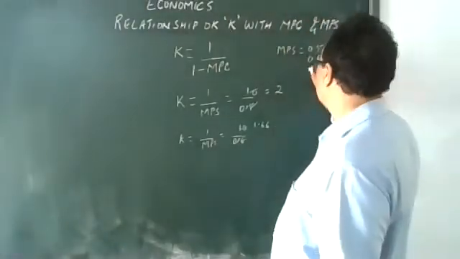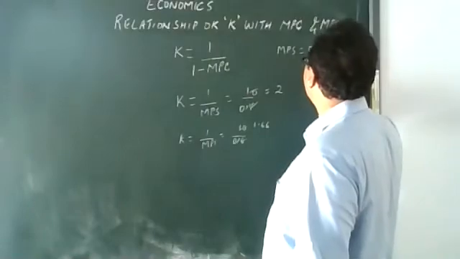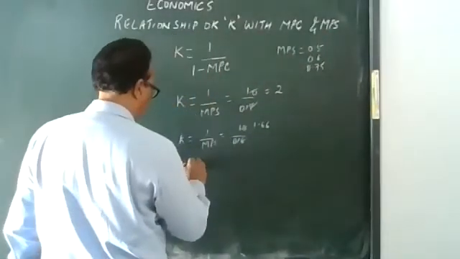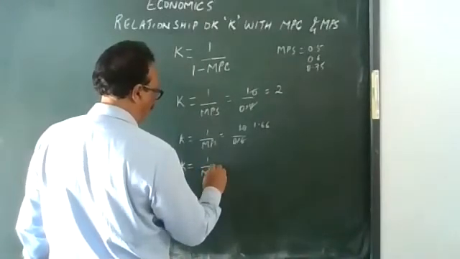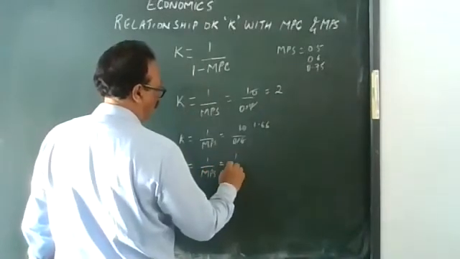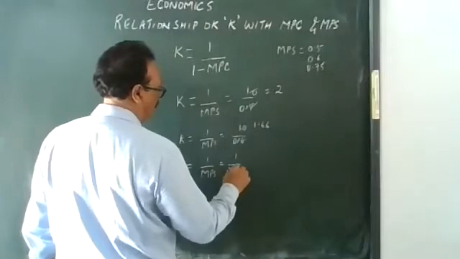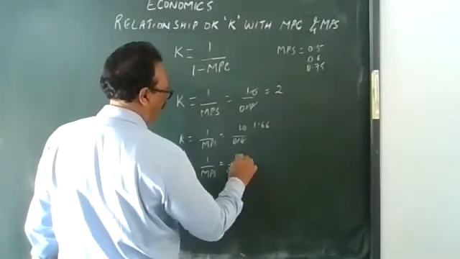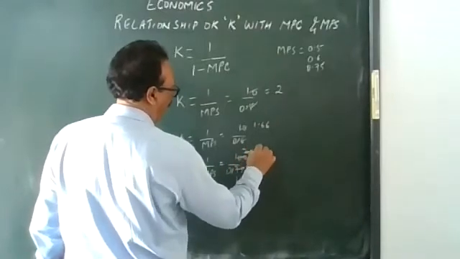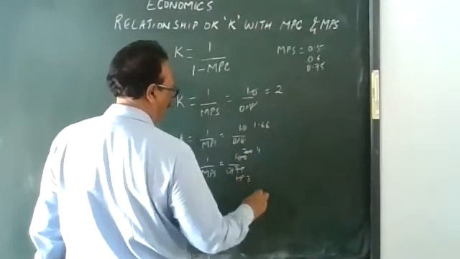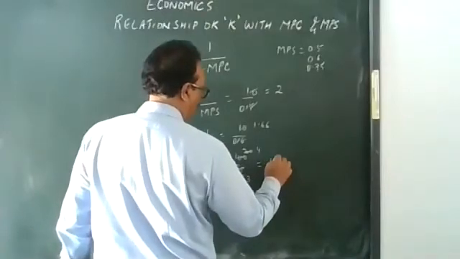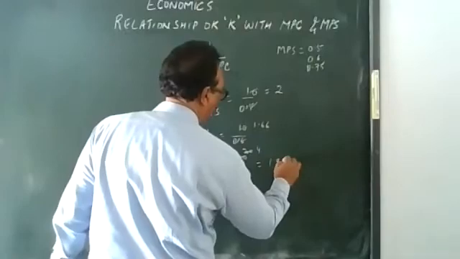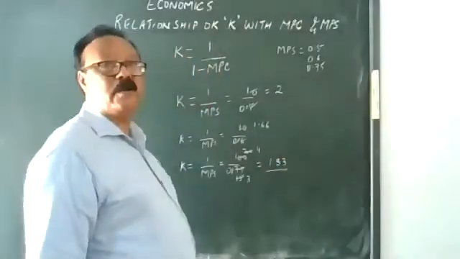Let us take MPS as 0.75. In that case, K is equal to 1 upon MPS in the formula, 1 upon 0.75, it's something like 1.3.